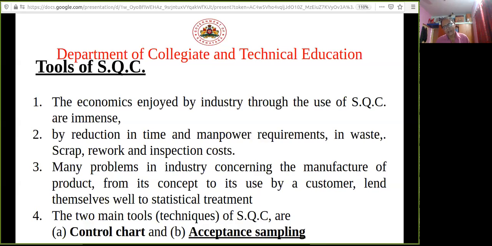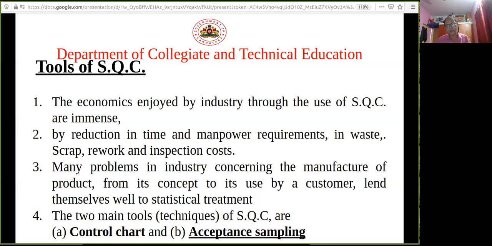If fewer than 3 items are good, say 2 or 1, I'm going to reject the lot. So this is the agreement between the producers and the customer.